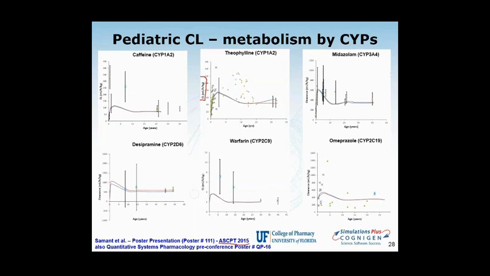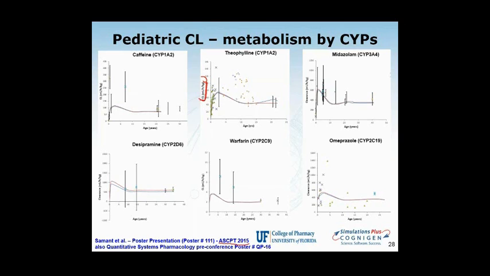So the comparison is based on the clearances, where Tanay would do the simulations or predictions of CP time profile for different ages, then use non-compartmental analysis of the simulated profile to get the simulated clearance and compare that with the observed data. So the lines are showing changes in the simulated clearance with the physiologies from GastroPlus.